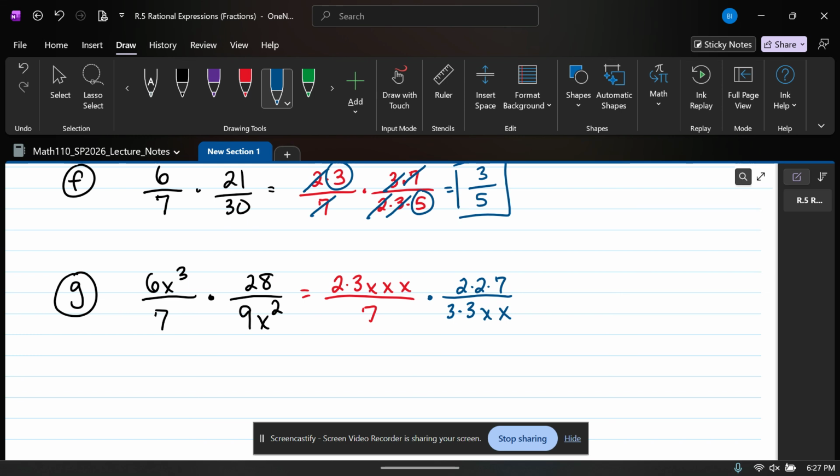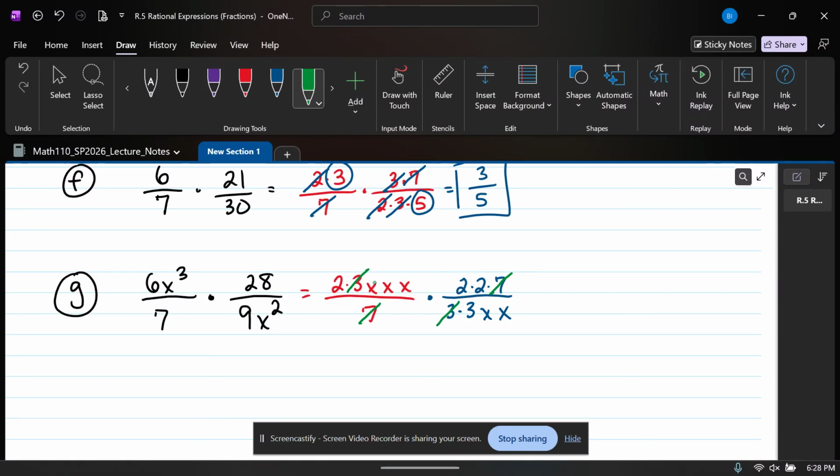We can do it like this. Same rule: cancel vertically, cancel diagonally. So vertically, I don't see anything, but diagonally, I have a 3 canceling a 3. I have a 7 canceling a 7.